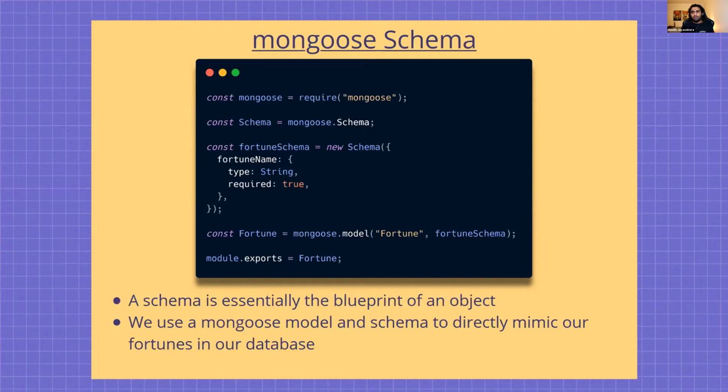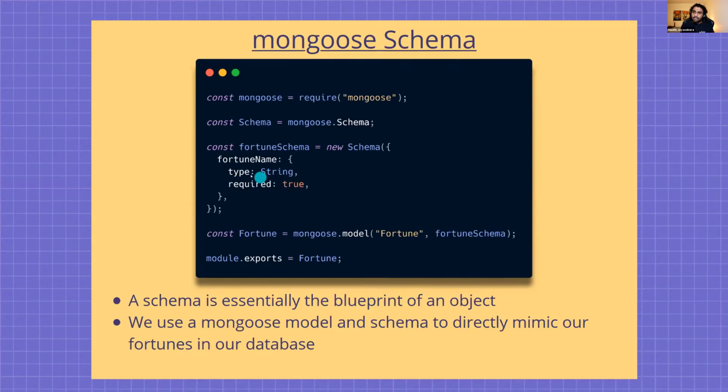Some of you might be wondering, wait a minute, how about IDs? Why don't we have an ID, something that we can identify a fortune with? Well, the good thing about MongoDB is that it automatically generates IDs on the actual database itself. And when it comes to Mongoose, it already knows that. So we only really have to define everything other than the ID.